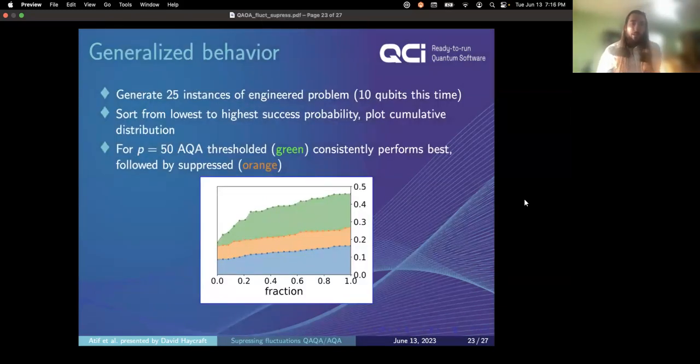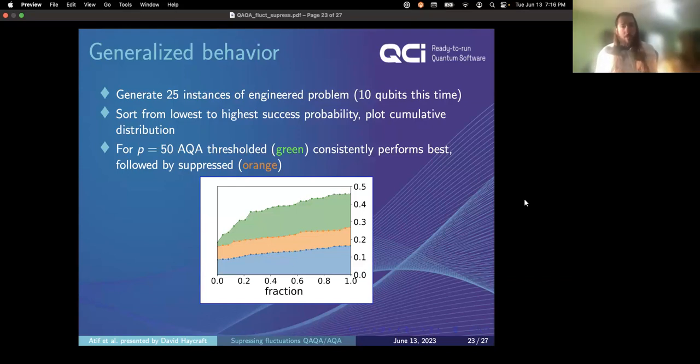And in an attempt to generalize the behavior, we tried 25 randomly generated instances of the engineered problem of size 10 qubits. And this is a plot of the cumulative distribution. So basically, we arrange each of the instances from lowest to highest success probability. This graph is displaying for p equals 50.